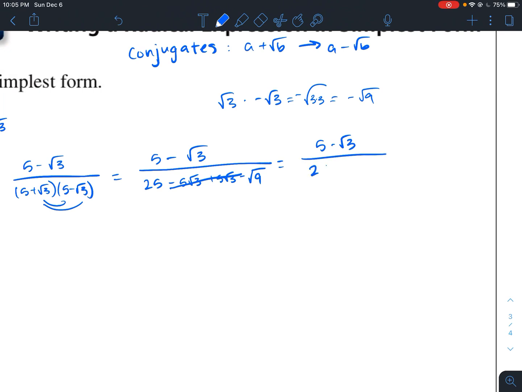So I'm left with 25 minus, and I know that the square root of 9 is 3. So I have 5 minus the square root of 3 over 25 minus 3, and that's just going to be 22. So this is in its simplified form.